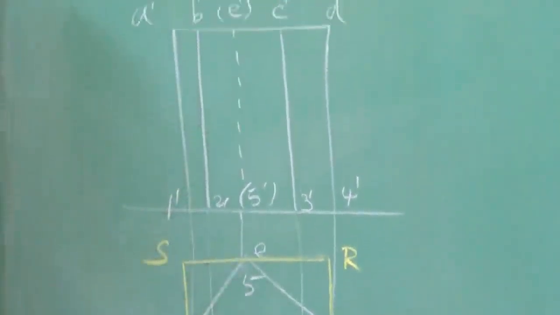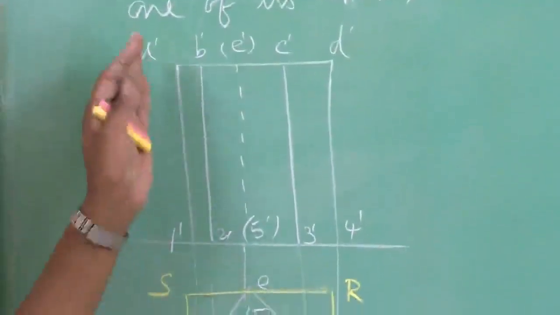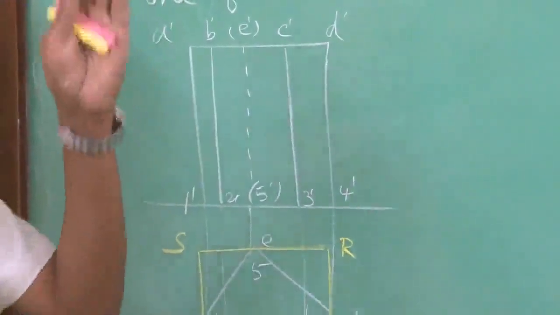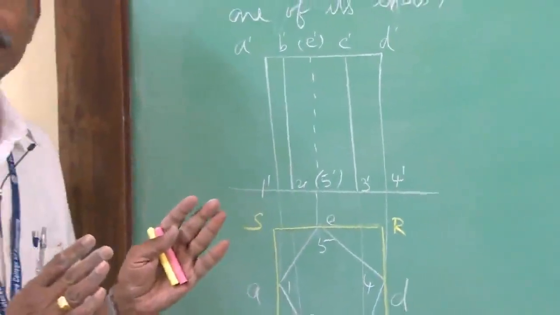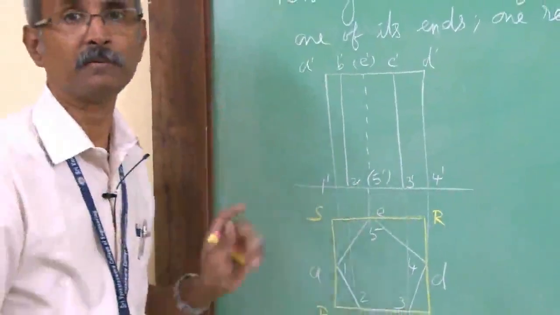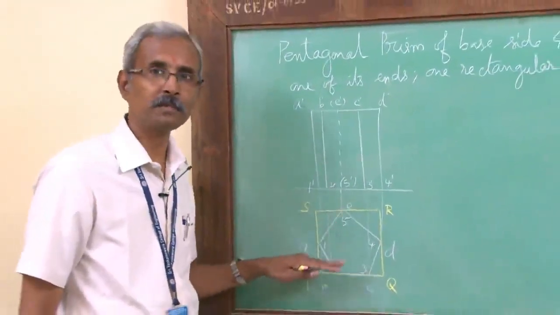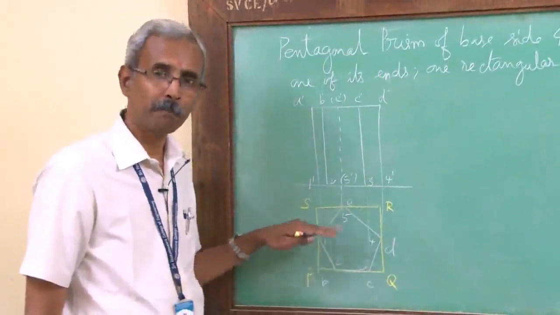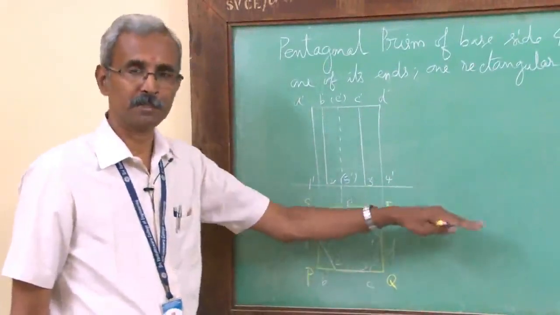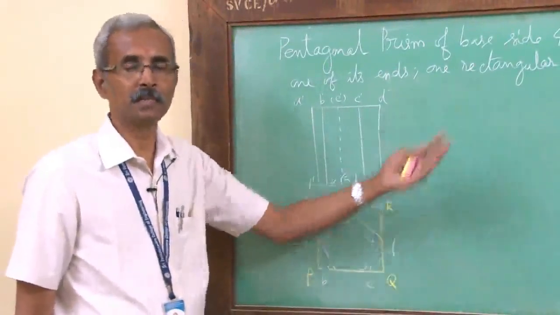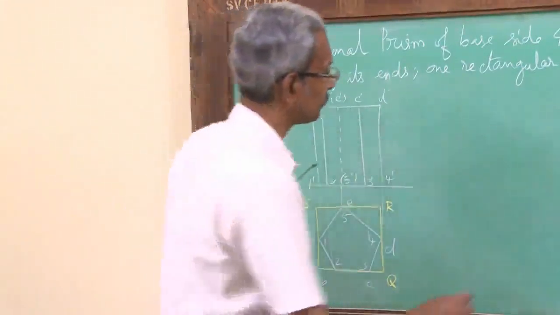Of course, in case of prisms, you need not necessarily draw the front view because we know it's going to be vertical lines of length equal to the height of the prism. So this is the base. What we will do first is draw the isometric view of the base of this pentagonal prism, and then construct the full prism.